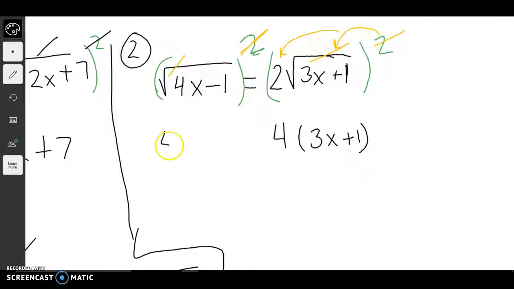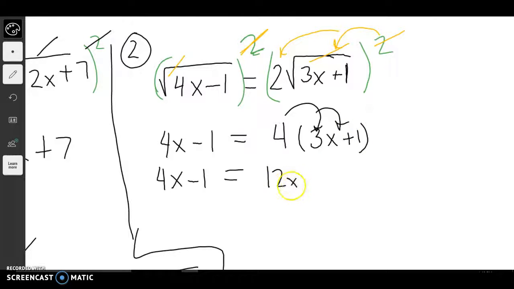And this side would be 4x minus 1. So just make sure if you have a number in front, you do have to distribute this to both terms. Then we would get 4x minus 1 is equal to, and notice I put parentheses because this 2 is affecting everything on the inside of here. So we do have to distribute this in this.